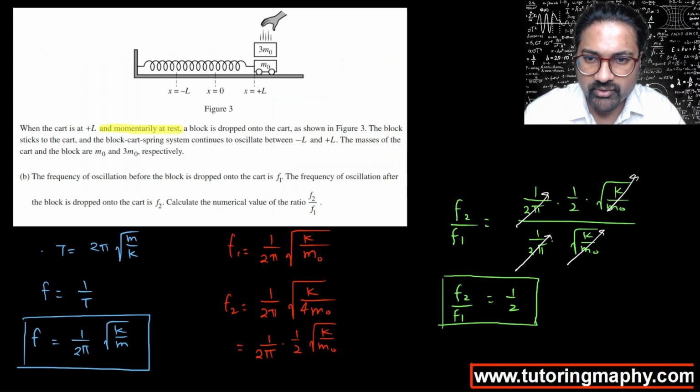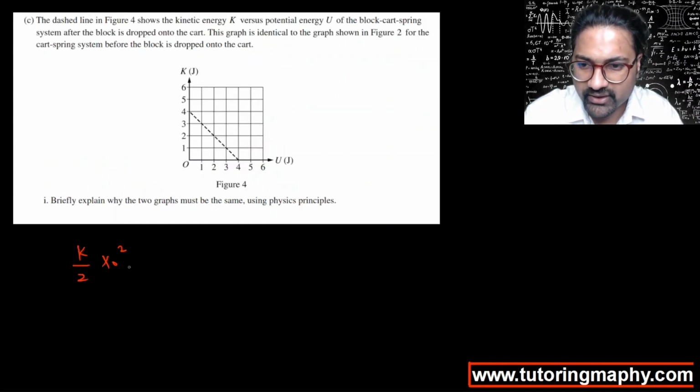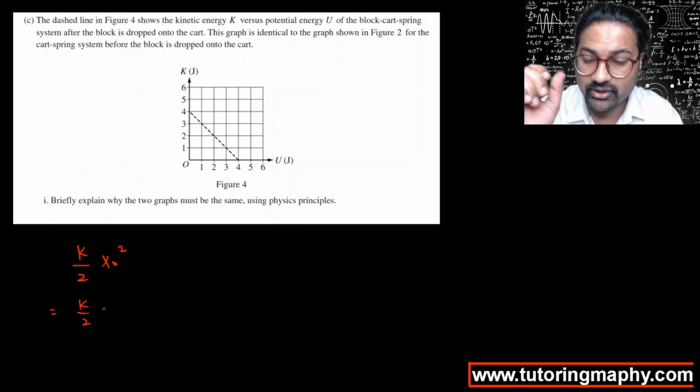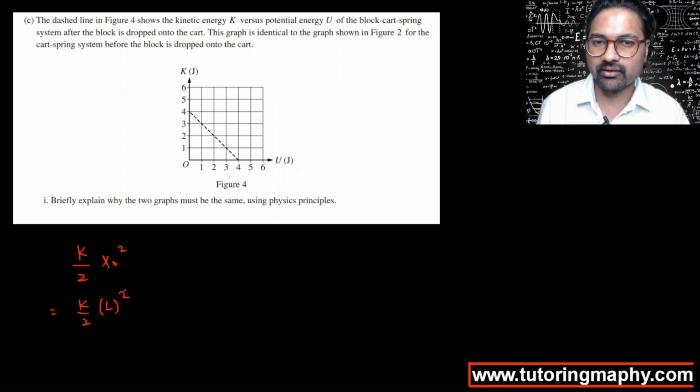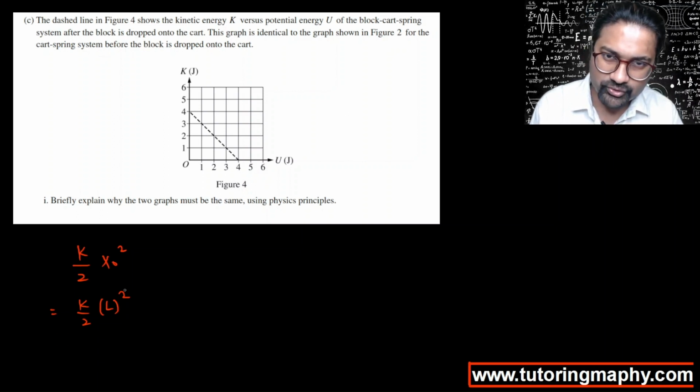X naught is L, because this happens at x equal to L. So don't you think that still after dropping, just at that instant, the total energy is K over 2 times L squared? And isn't this the same as the previous one, where the potential energy is K over 2 L squared, which has a value of 4 joules, right?